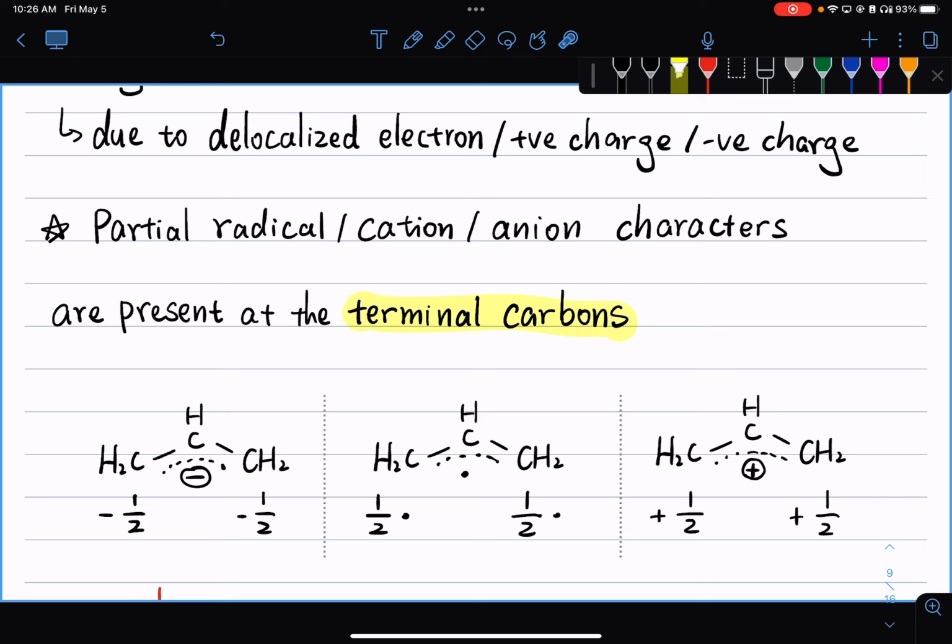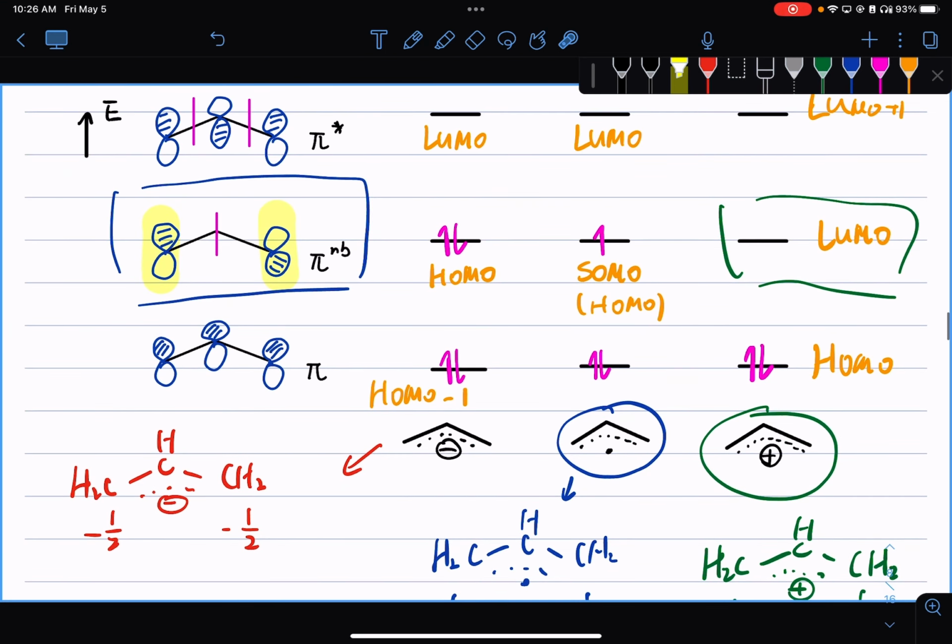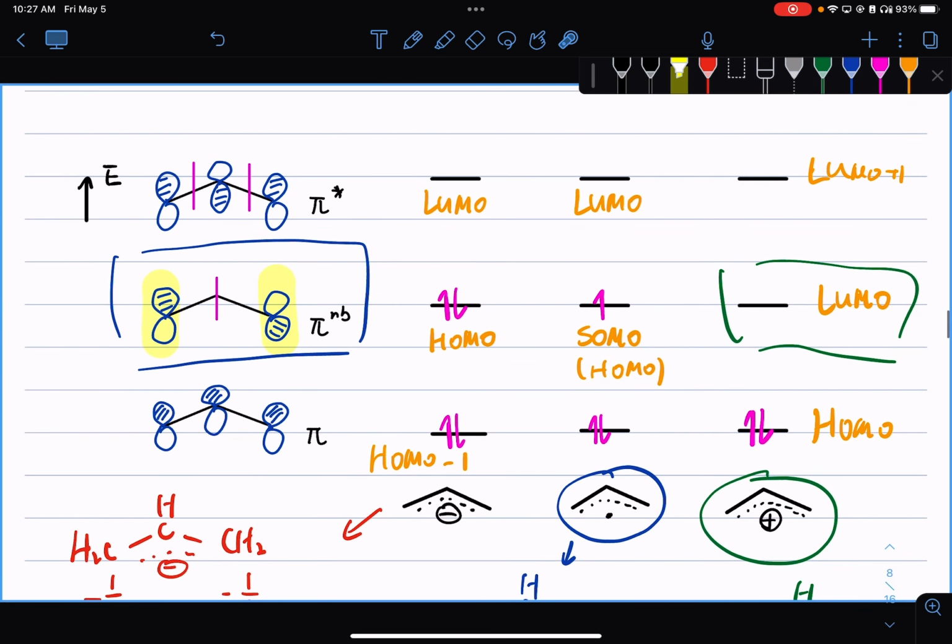Yeah. Do you mind just going over again why you decided on HOMO being the bottom one? So this one is HOMO minus 1. So let me just delete those extra. But when we're talking about HOMO, what does HOMO mean? HOMO is highest occupied molecular orbital.